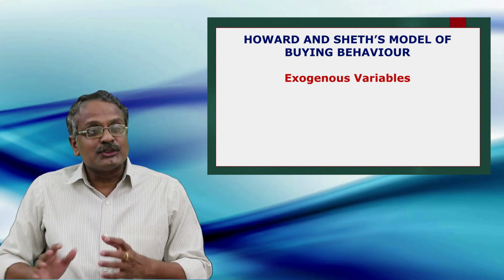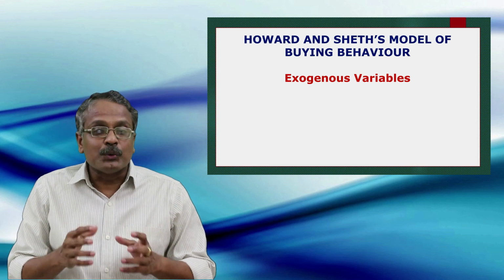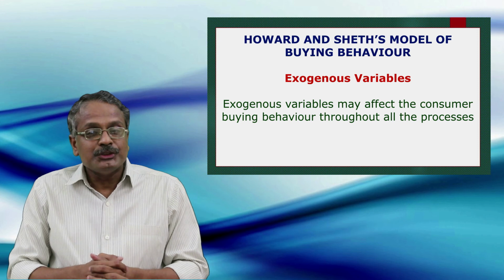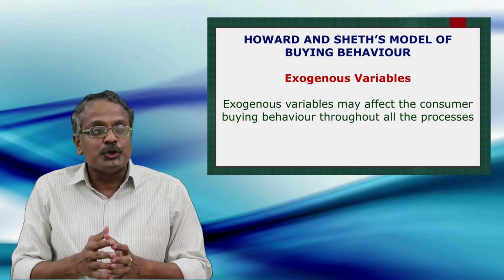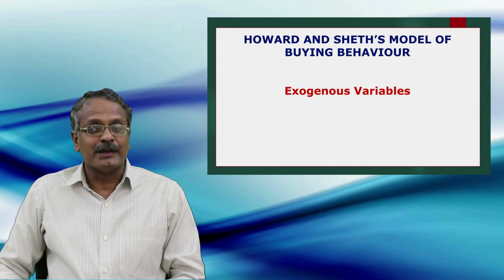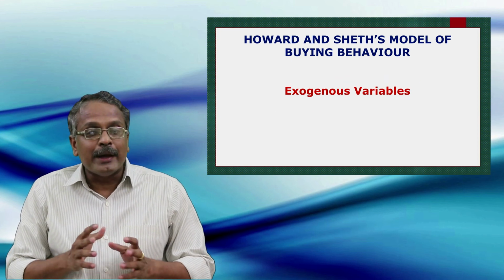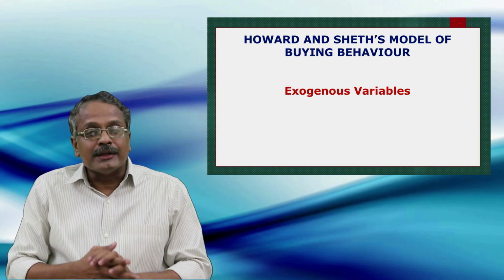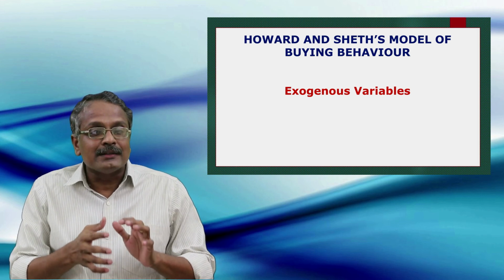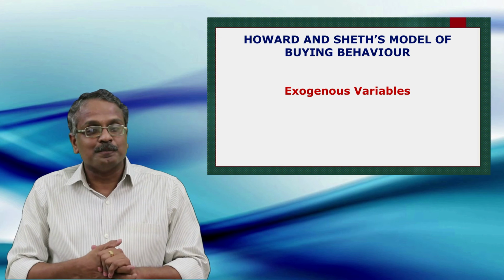The role of exogenous variables is also relevant in the model. The model says that the exogenous variables may affect consumer buying behavior throughout all the processes. Thus, these variables have a bearing on all the constructs discussed so far and directly or indirectly influence the output.